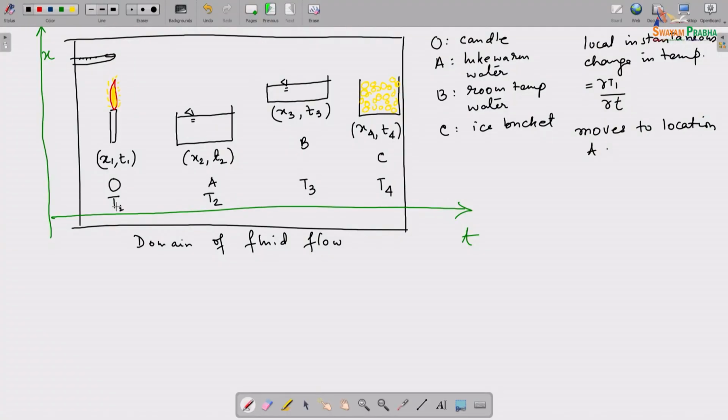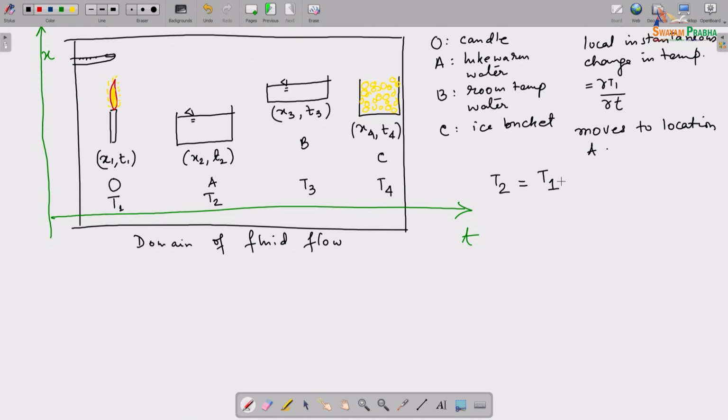So, initially I had my temperature which was T1, and now the temperature here is T2, but the temperature changes. So, I have a temperature which is T2, but how is this related to T1, my same finger?